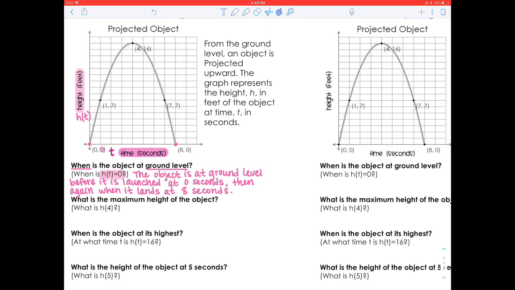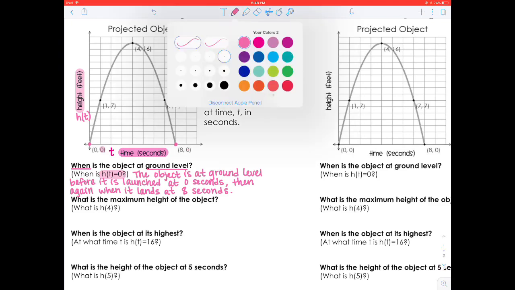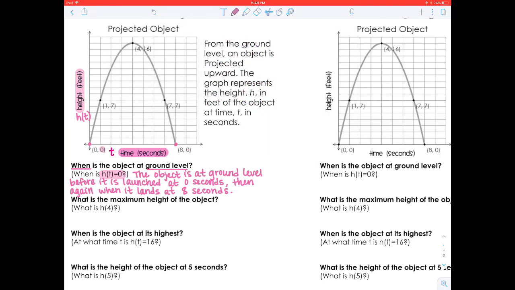Okay, next one. What is the maximum height of the object? So let's go up and find that maximum value. Up here, that's also our vertex. But remember, height is an h value.